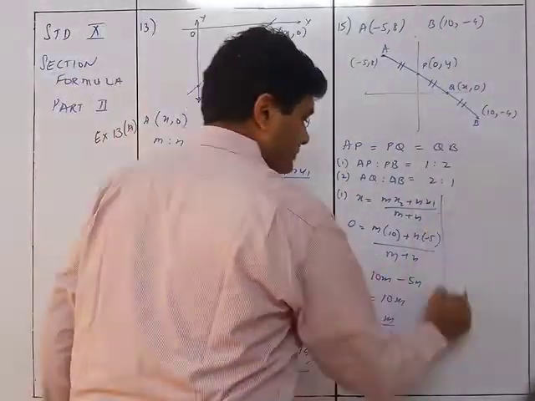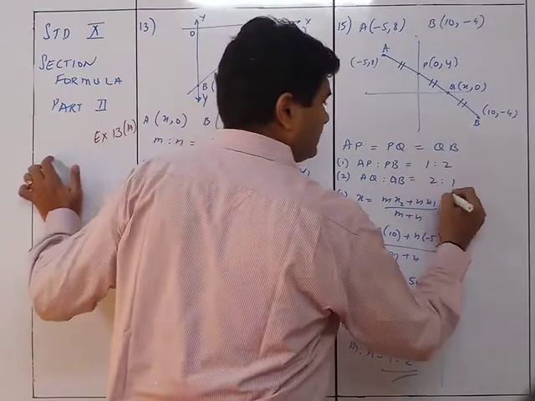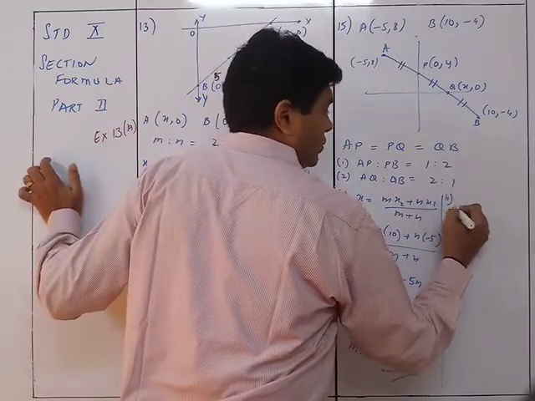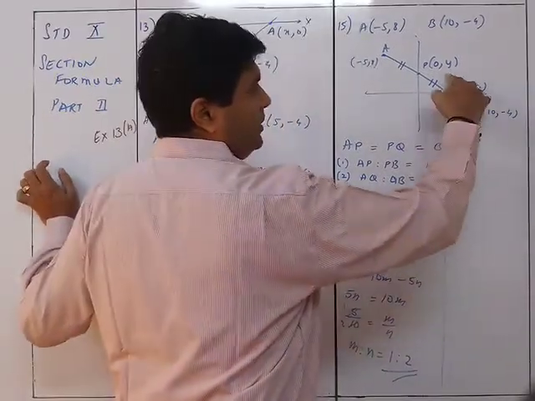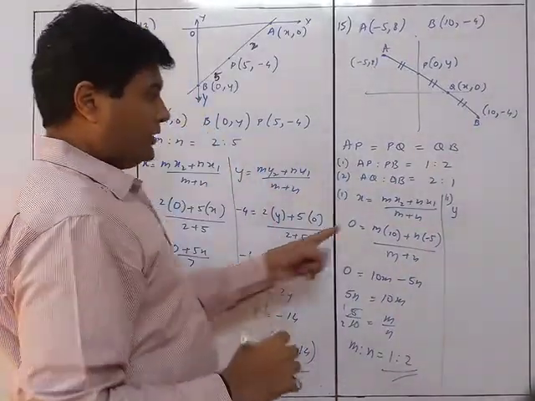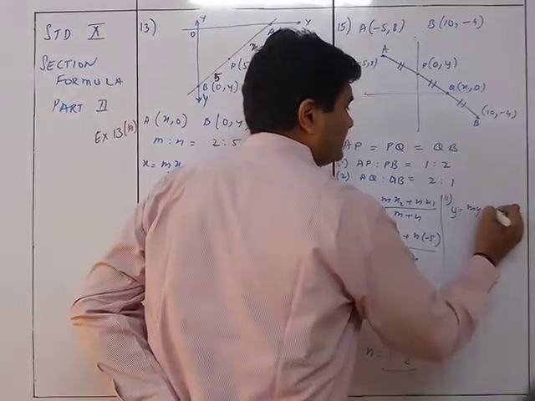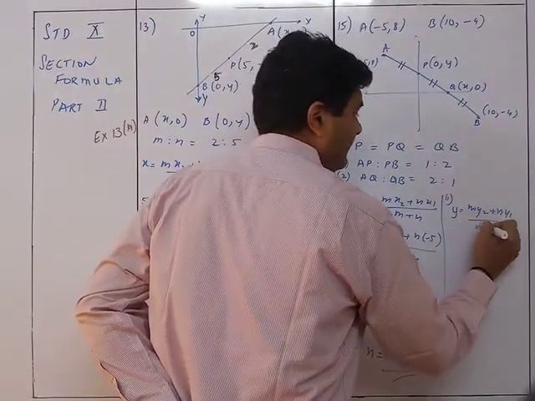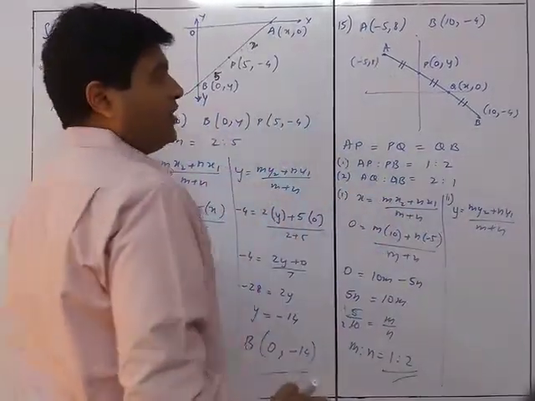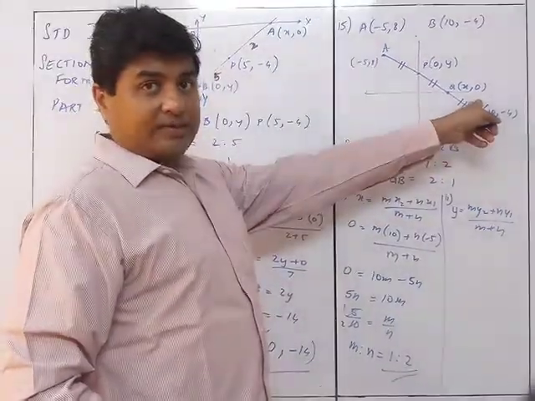Let's see the second part. Now y is equal to (my2 plus ny1) upon (m plus n). Here the value of y is 0, we know that it's 0 over here.